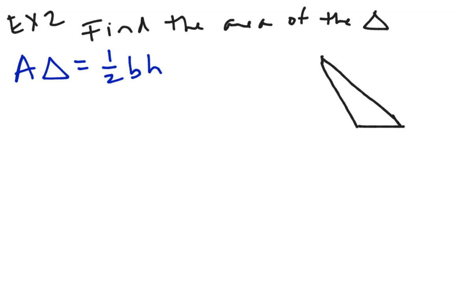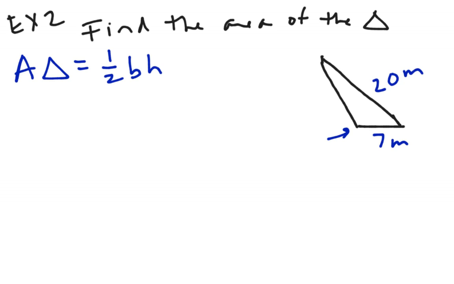So nothing's 90 degrees. I would have marked it. This one corner kind of looks 90 degrees, but it's not marked, so we can't assume. And they've told me that the smallest side is 7. This side right here is 20 meters. And then they didn't tell me the other third side, but they gave me the height.